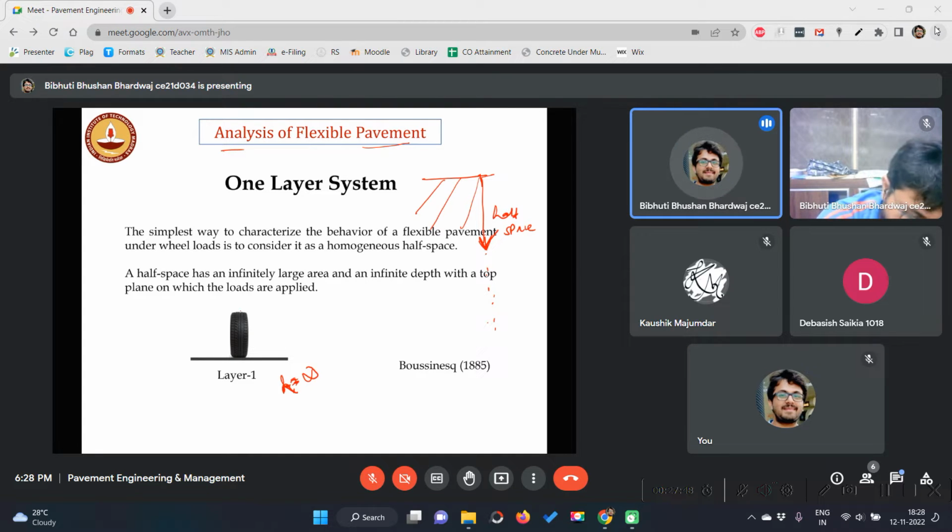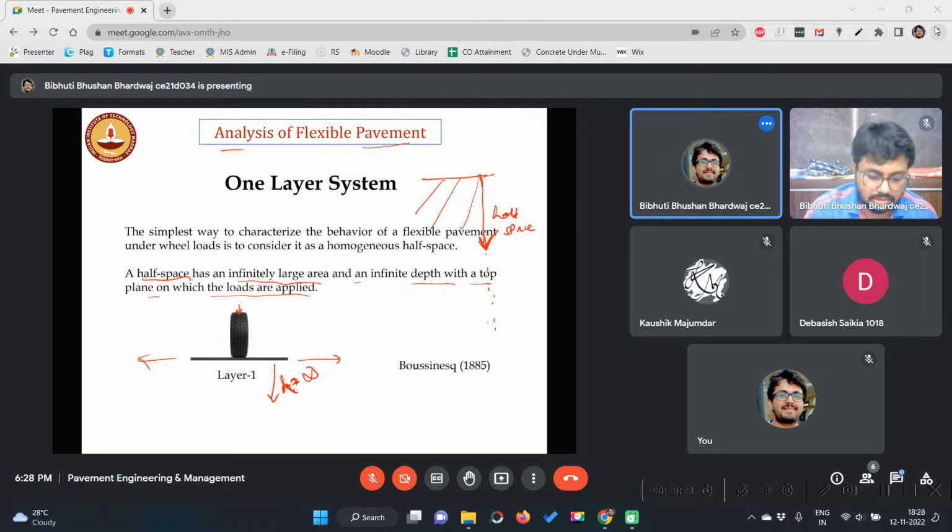If you go to the ground and put some load, and the depth of the ground is infinity, that's the one layer system. A half space means the thickness is infinite in this direction, an infinitely large area and infinite depth with a top plane on which the loads act. In this direction also it's infinite.